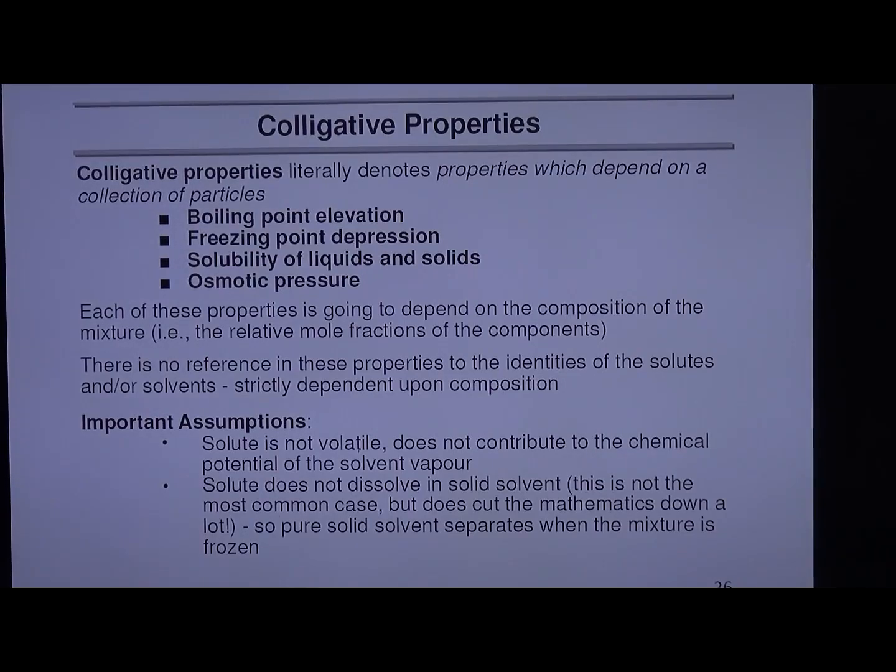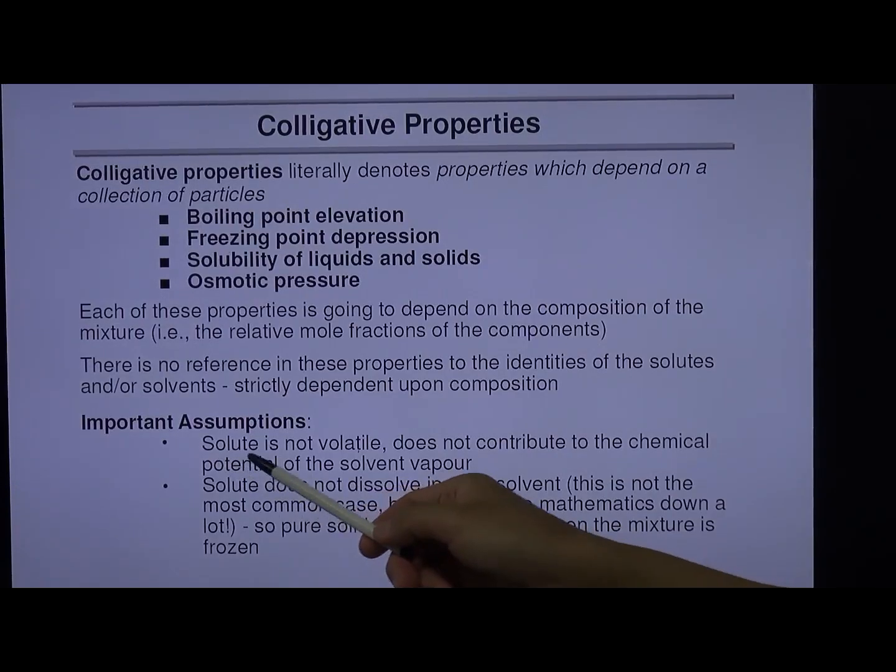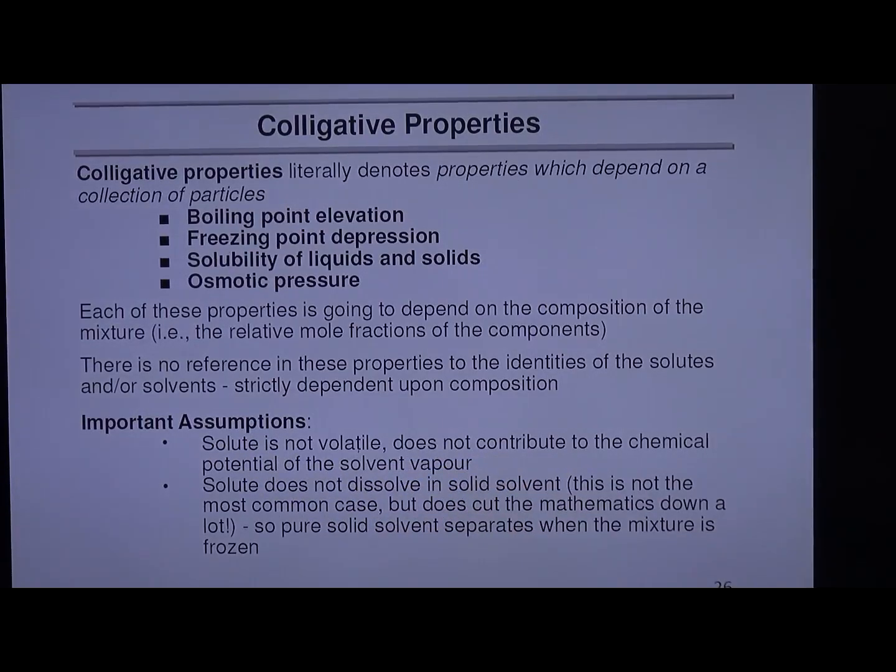And to deal with colligative properties, there are important assumptions. Okay? I show here. The first assumption is that for a solution that has solvent and solute, right? To describe colligative properties, solute is not volatile.